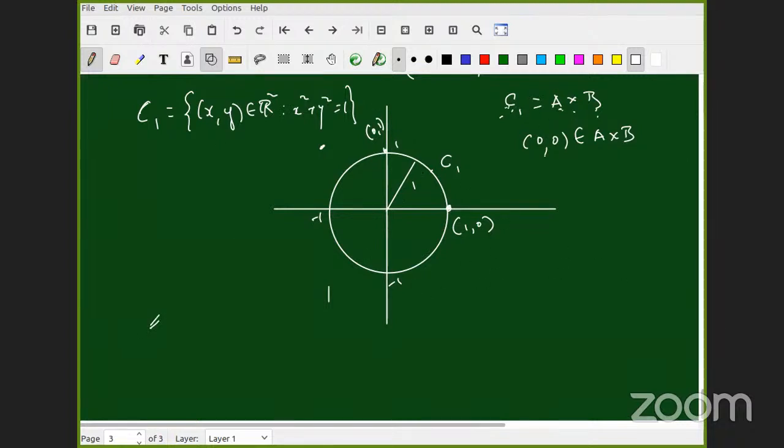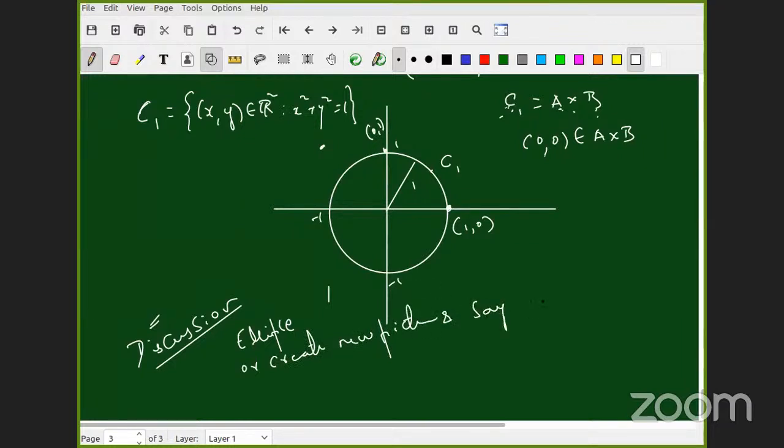In fact, you draw some pictures and try to say only a few sets, like vertical lines, horizontal lines, squares, rectangles, can be written in the form A cross B. Others, no. There are lots and lots of pictures you can draw, and you will not be able to write them in the form A cross B. So in the discussion hour, do an ellipse, lots of other pictures, create your own pictures, and say whether each is of the form A cross B.